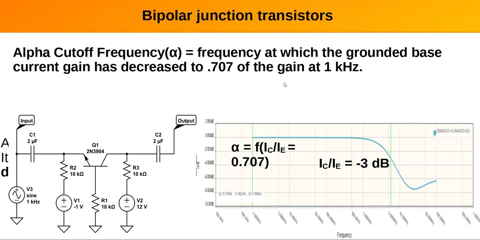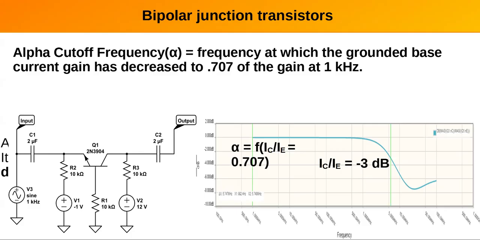Okay. This is an unusual one, but it's on the exam. The alpha cutoff frequency. When I was researching, I had a hard time finding this. It doesn't show up on most data sheets.